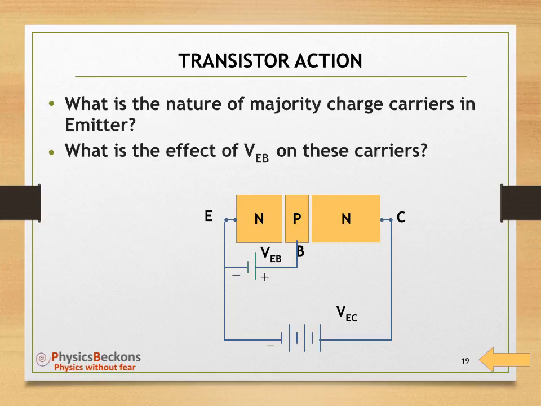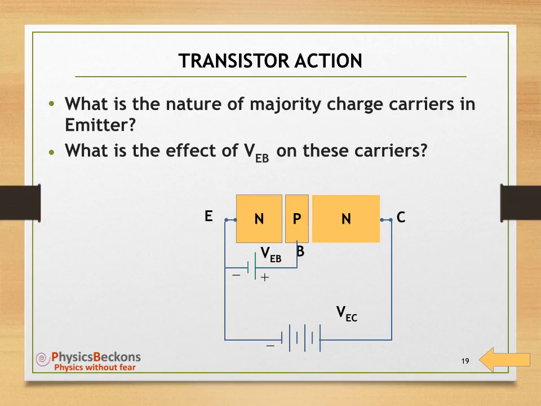Since the base is thin and it has low doping, the electrons accelerated from emitter towards the base will not get enough holes in the base region for recombination.